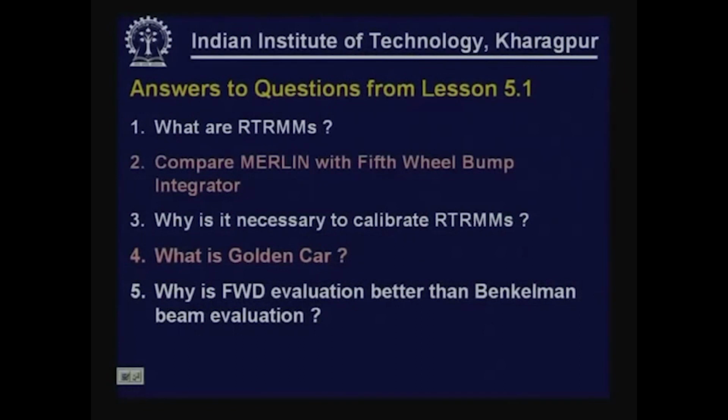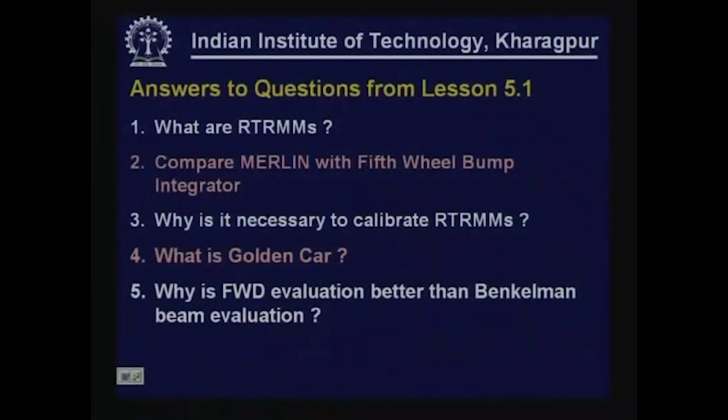Compare Merlin with fifth wheel bump integrator. Merlin and fifth wheel bump integrator are entirely two different equipment. Fifth wheel bump integrator is a response type equipment which has a suspension system, and what we measure there is the cumulative stroke of the suspension system. In the case of Merlin, what we measure is how the midpoint of a straight line drawn between 2 points on the pavement surface varies, and how its variation is distributed.